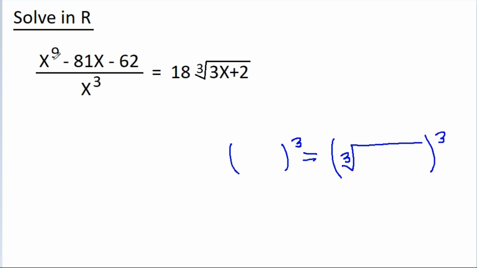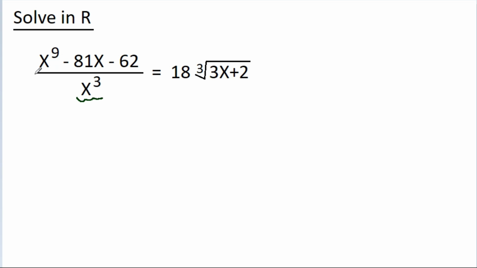But we have x^9 on the left-hand side, so if we cube both sides, we get an equation in x^27. So we need to think about it in a different way. Here we have x^3 and here we have x^9.